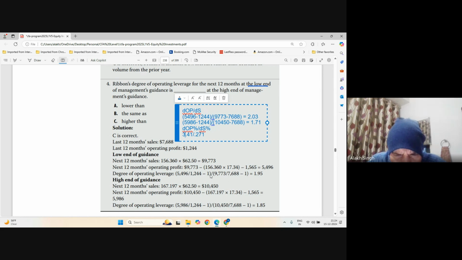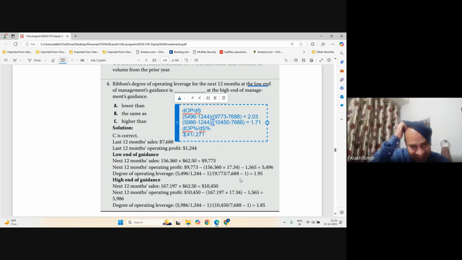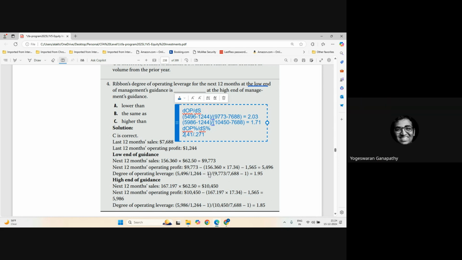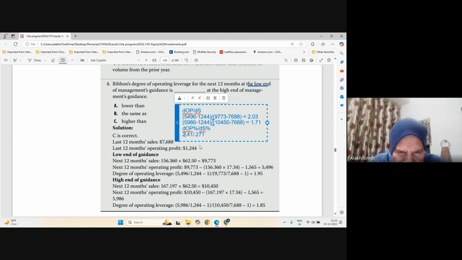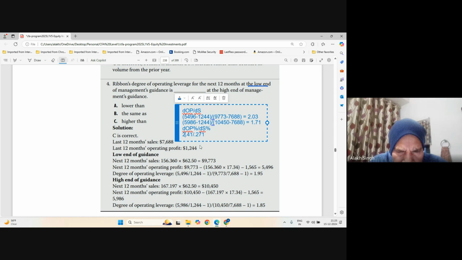Is the book wrong? Looks like the book is wrong. Yes, the book is wrong actually. So let's do this. How much does it come? 2.41, like whatever the book has done. Sir, it's 3.41, not 2.41. It is 3.41, then it gets minus 1. Even if it's minus 1, we have done the same thing, sir.